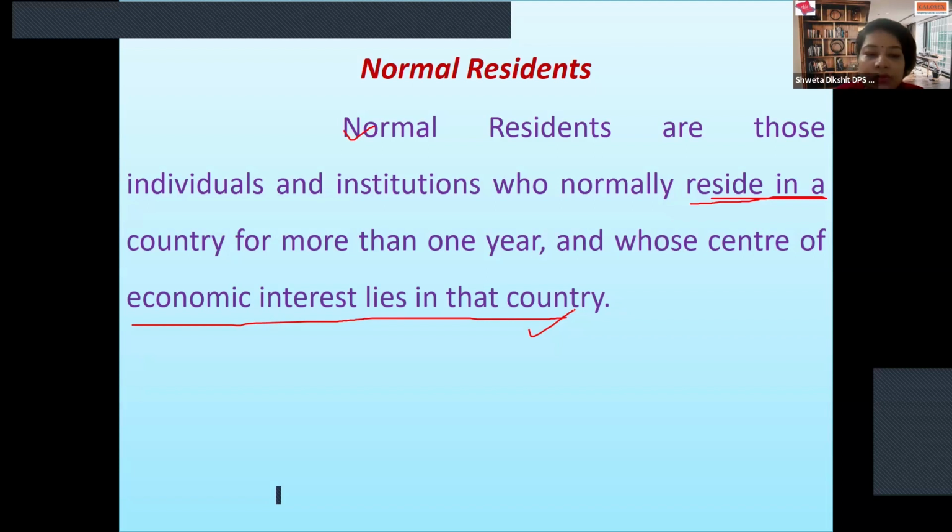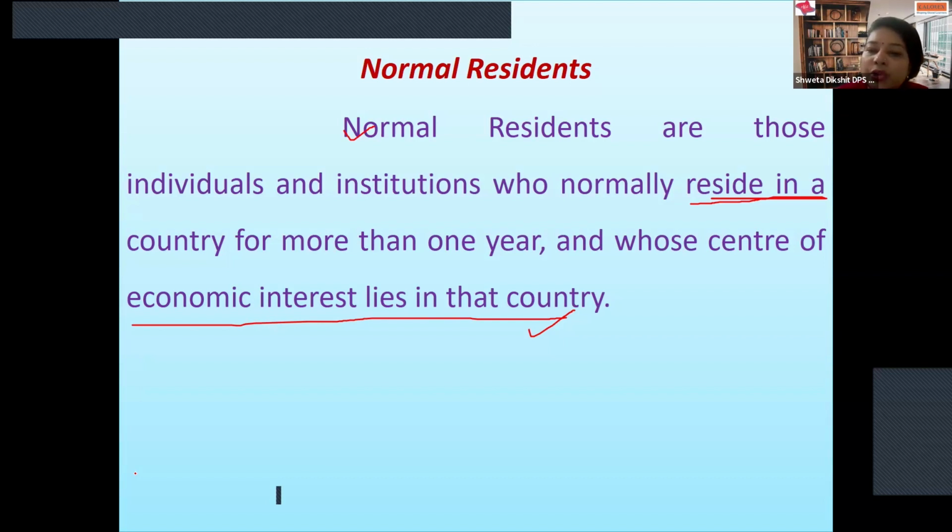Now, I would give you the example. If there is a particular visitor coming to India to see the Taj Mahal, or a political delegation coming to India to visit the capital of our country, or if a student is coming to India to learn yoga and learn Sanskrit, or if somebody is coming here in Kerala to get naturopathy and get treated by Ayurveda, they're all the non-residents of India because they are not here for economic interest.